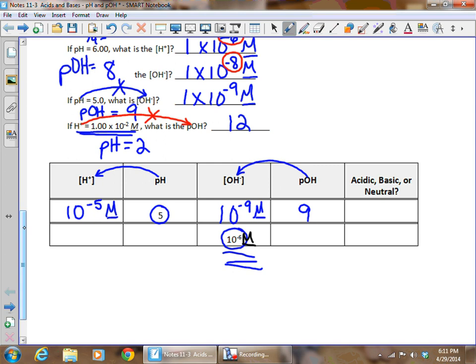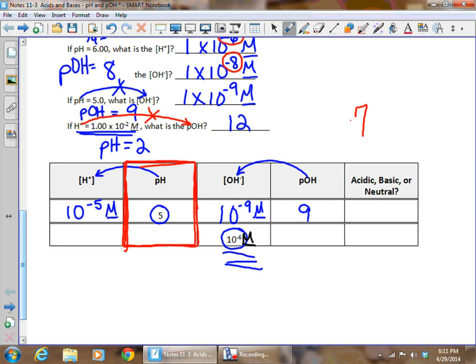Always use the pH value to determine whether it's acidic, basic, or neutral, or you'll get yourself messed up really fast because the pOH scale is opposite the pH scale. So always remember the pH scale. If it's less than 7, it's getting more and more acidic. If it's greater than 7, it's going to be more and more basic.